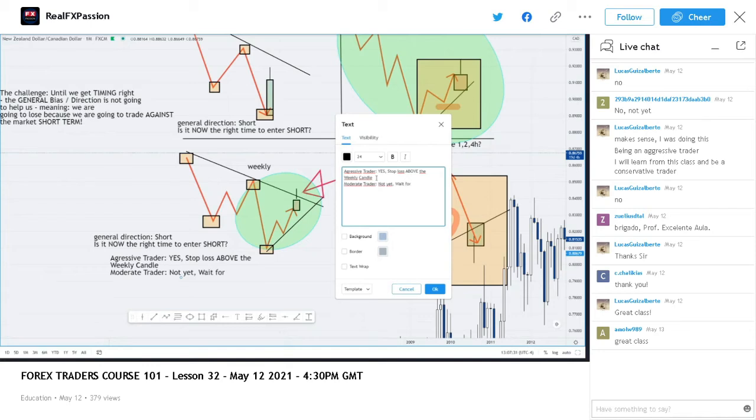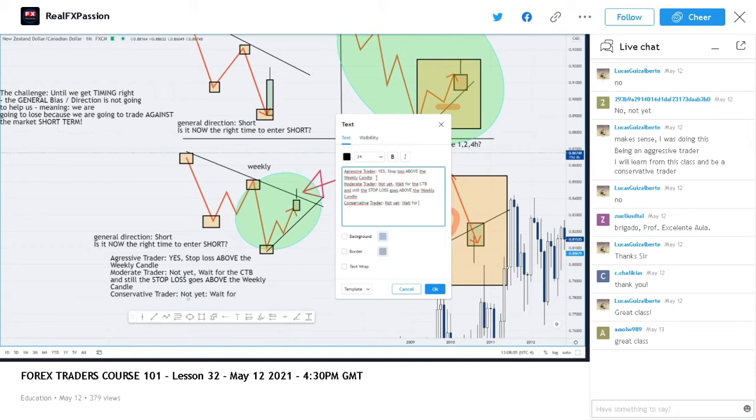Wait for the CTB, counter trendline break, okay, and still the stop loss goes above the weekly candle. And the conservative trader is going to say not yet.